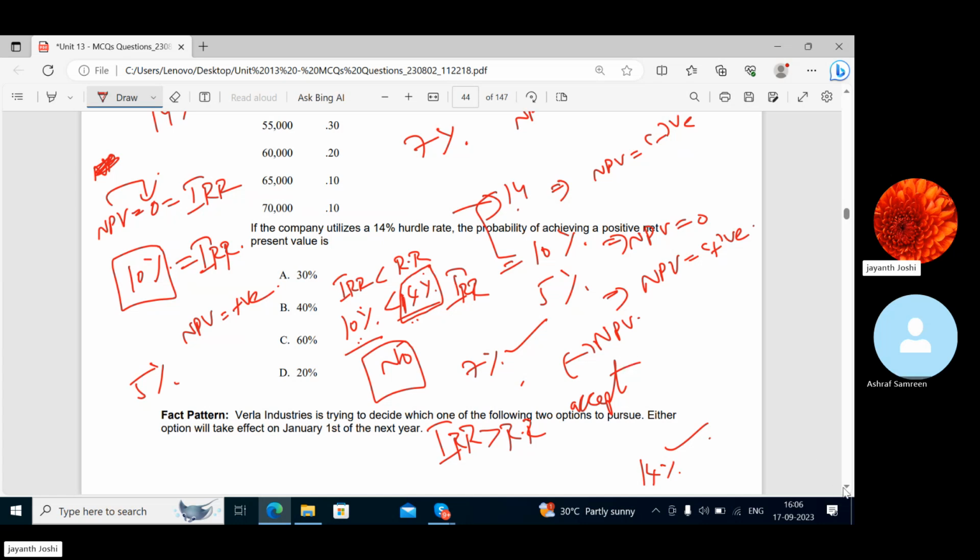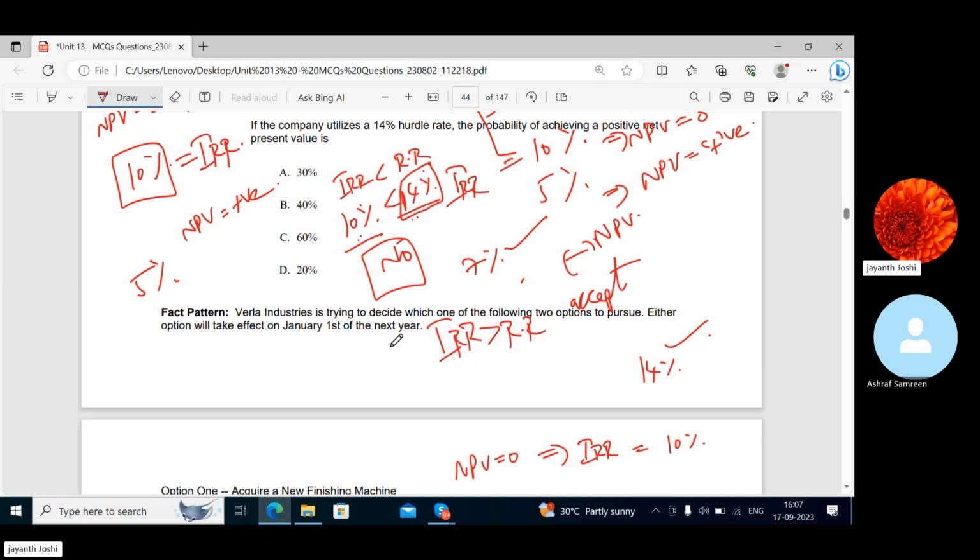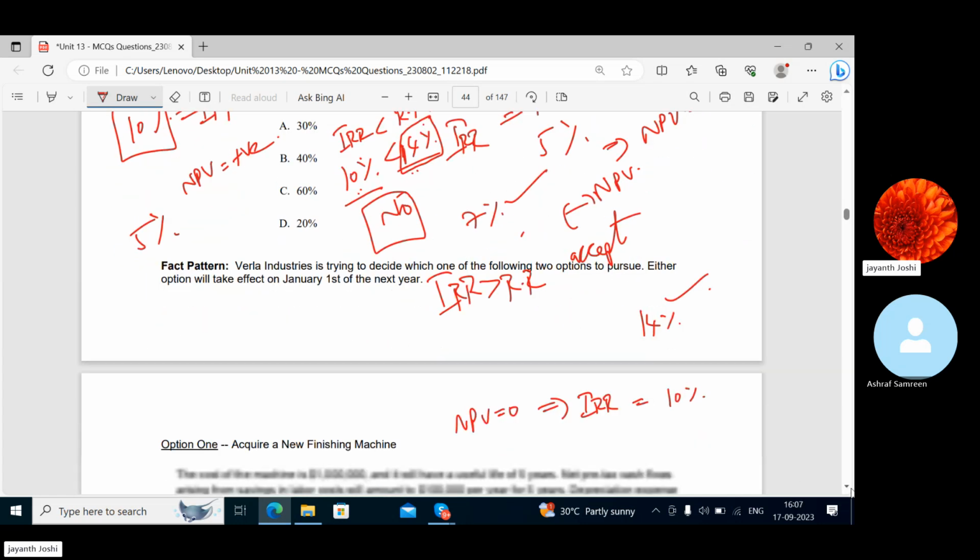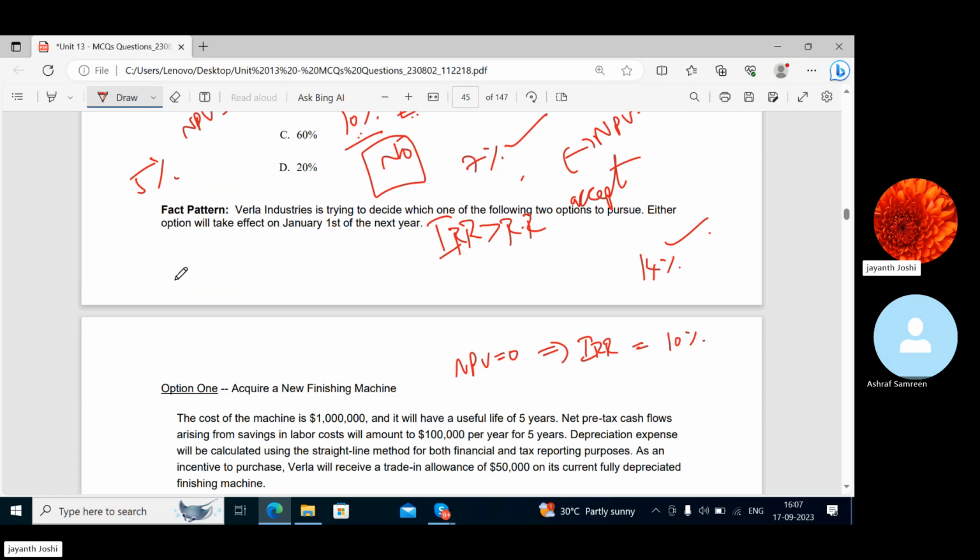So the rule is, if your NPV is equal to 0, that is the IRR. Let's say that is 10%. At this you'll break even.